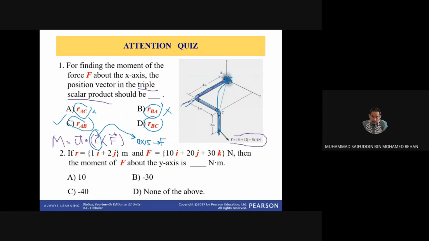As long as it is from the axis to the force, it should be fine, meaning that any point will give the same answer.